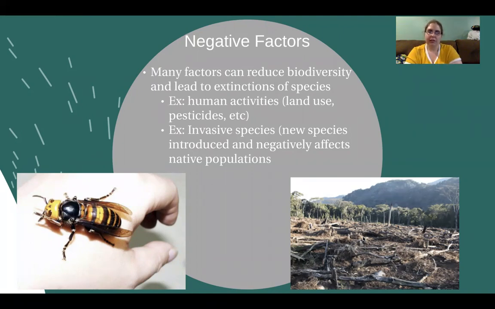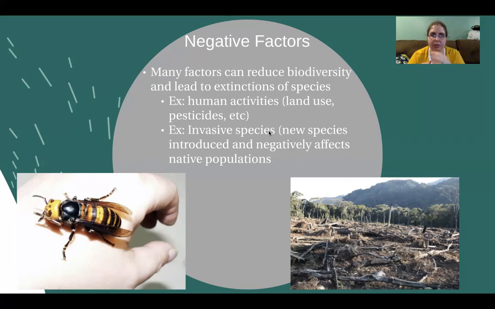But there are certain things that can affect it and reduce the biodiversity, thus having negative effects. One is human activities, how we use pesticides or we deforest for land use. That's going to affect the ecosystem and it actually can wipe out numerous species, or even if it affects one keystone species, then as we said, that keystone species can affect the rest of the ecosystem.